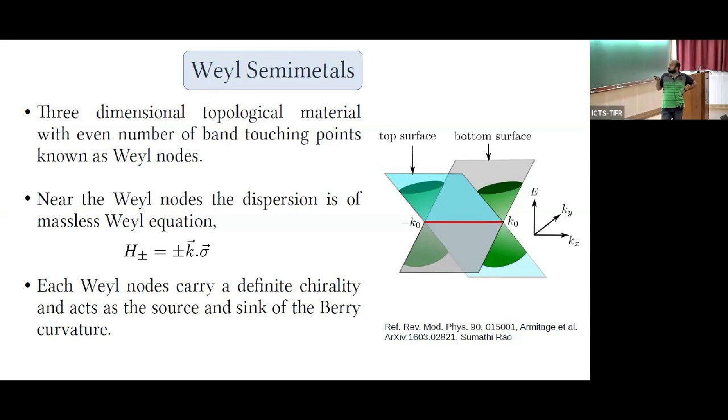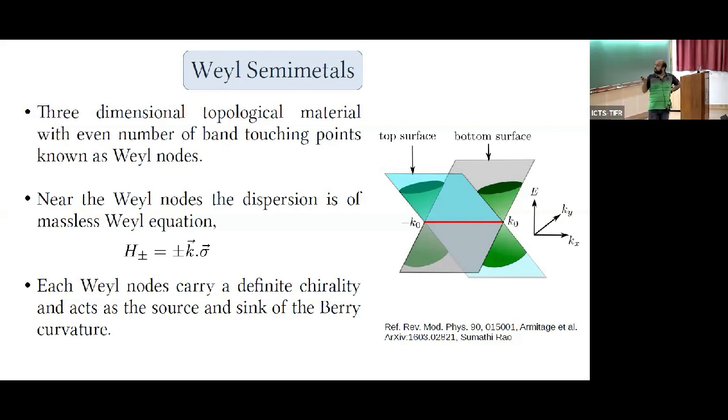One of the most interesting features of these Weyl points is that they carry a definite chirality. That means they can act as a sink or source of Berry curvature. If one considers a periodic sample with periodic boundary conditions, a Weyl point with a single chirality cannot appear.